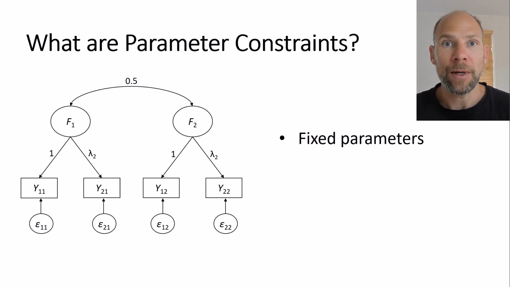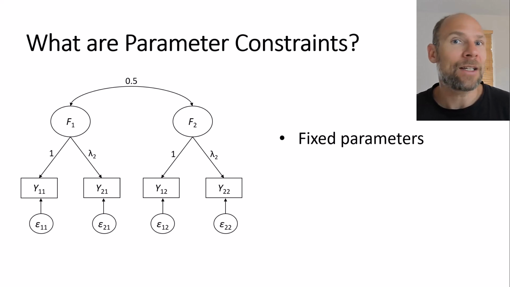Then we can test a specific hypothesis about a specific parameter value by fixing that parameter to, for example, 0.5, if that's our hypothesized population value. Then we can look at the fit of the model and see whether the model with this constraint, with this fixed parameter, is rejected by a goodness of fit test or not. This can be used for testing specific hypotheses.